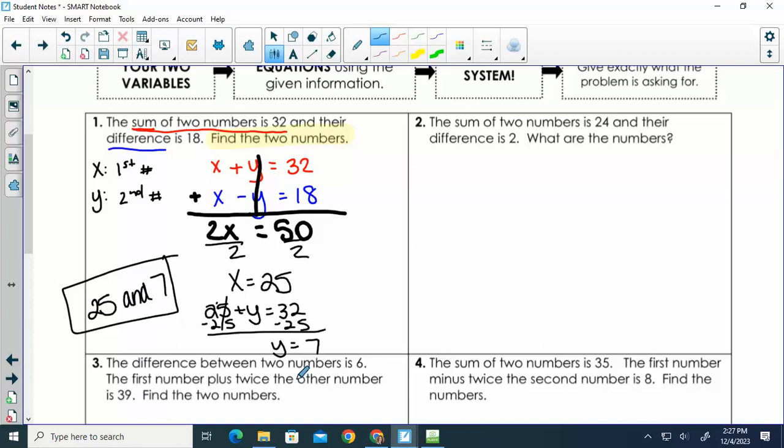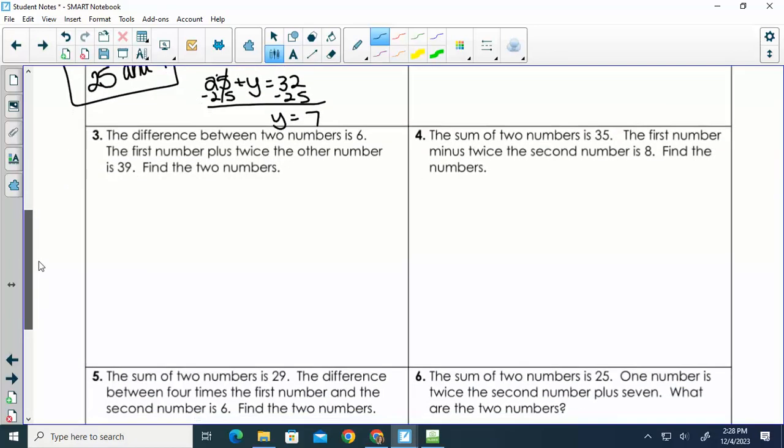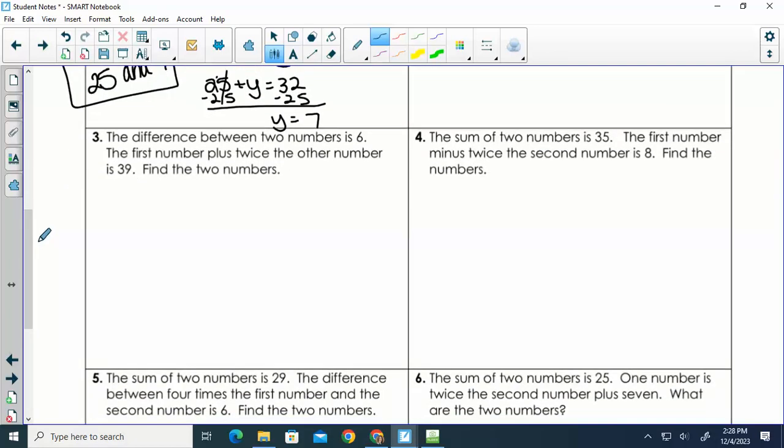Go to, I think number 3 next. Okay. The difference between two numbers is 6.